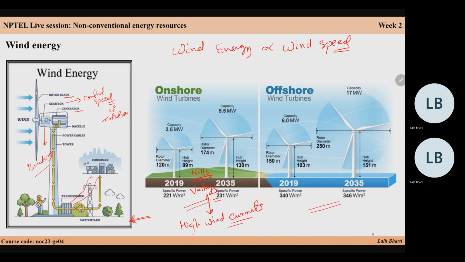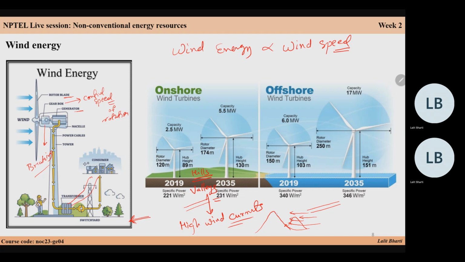Due to these high currents, if you see the structure of valleys, this current will pass through a smaller portion.